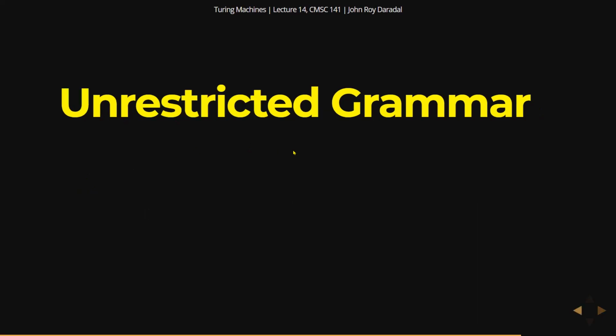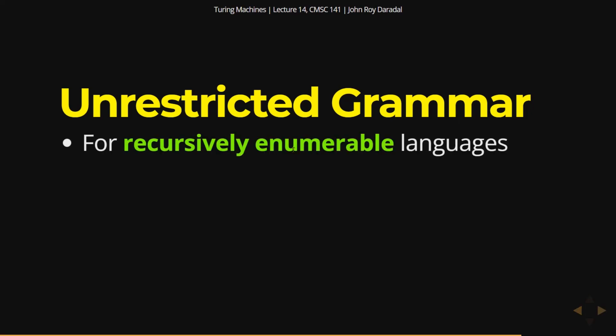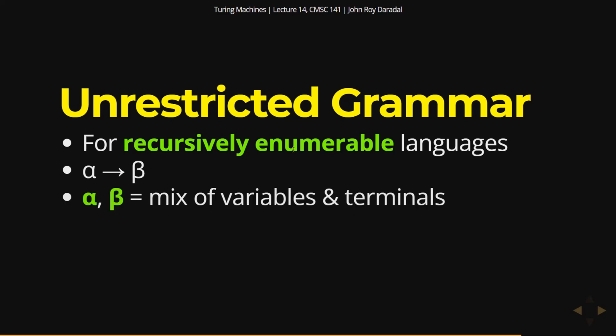Now, how about unrestricted grammar? This is the grammar for recursively enumerable languages, the equivalent of Turing machines. This time, the productions are of the form alpha is to beta, wherein both alpha and beta are a mixture of variables and terminals.